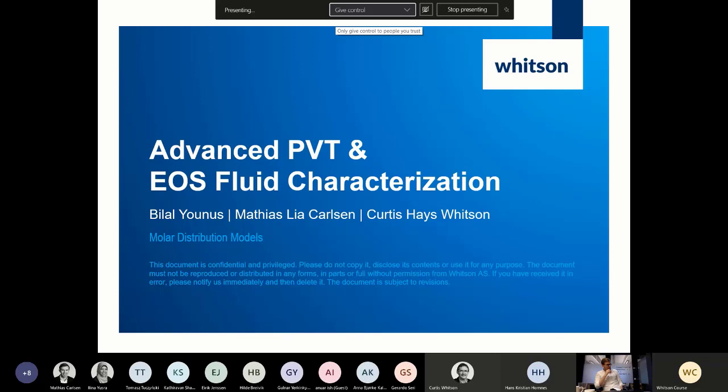We went through all the lab experiment QC, the different methods. But when we develop the equation of state models, this initial EOS model with proper C7 plus characterization, we also use it as guidance to see how good the quality of the PVT data is. So maybe you have done the right C7 plus characterization and developed a good initial EOS model, but that EOS model may not be giving you very accurate predictions of the PVT data.